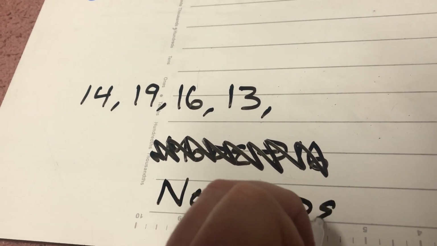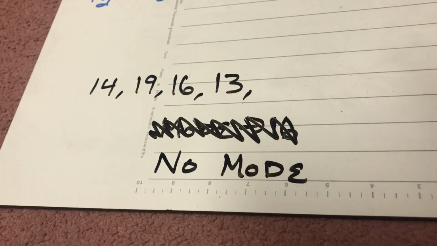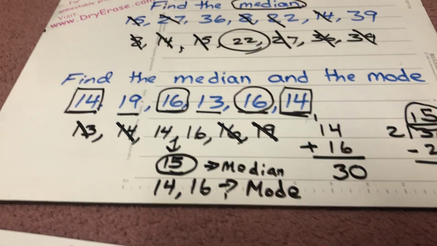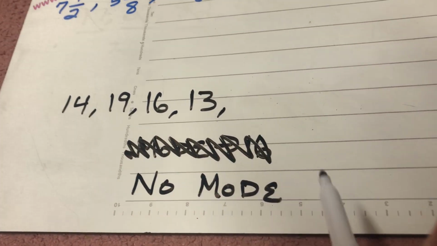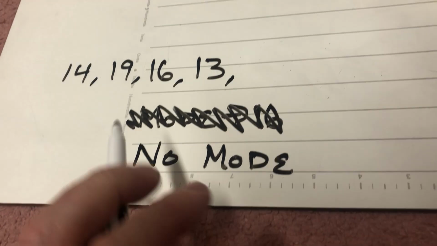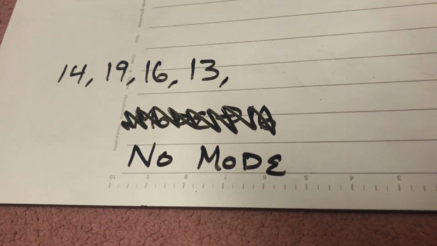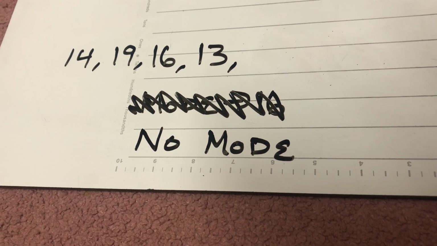And sometimes there is no mode. So like in this example that we did, sometimes there can be more than one mode. When we added the 14, the 16, and the 14, sometimes there's just one mode, one number that occurs. Sometimes, like in this example, there is no mode. No number that occurs more often than any other.